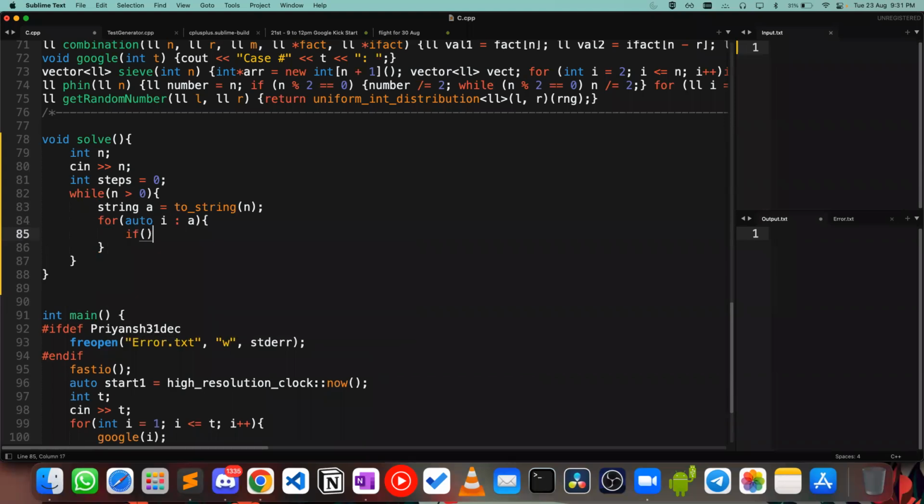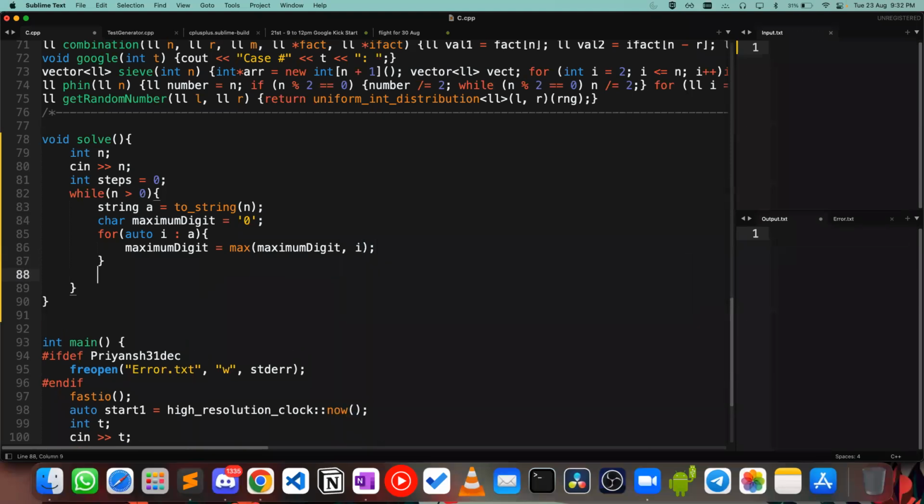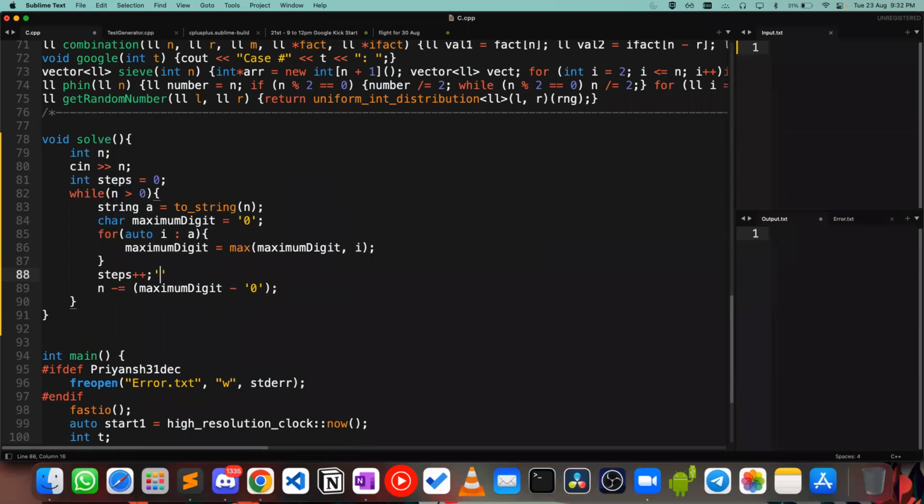This is the character. And then from n, I just subtract that maximum digit. So I say n minus equals max digit minus 0, where I'm converting it into an integer. And I do steps plus plus.